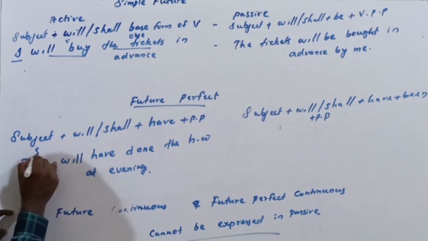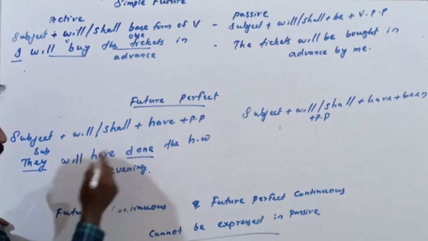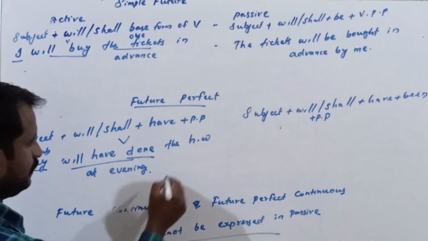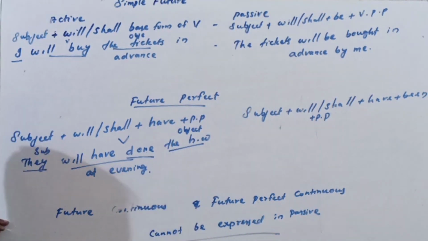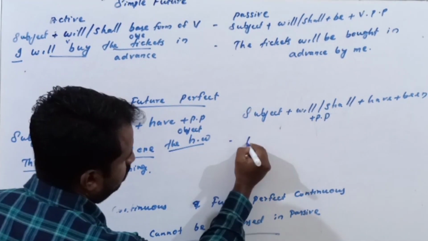Okay, subject is they, and "will have done" is the verb. That means we refer to the main verb only. The homework is the object here, right? So we start from the homework.